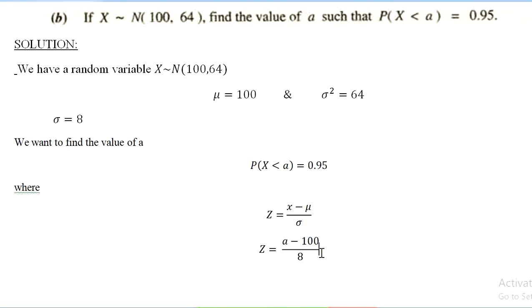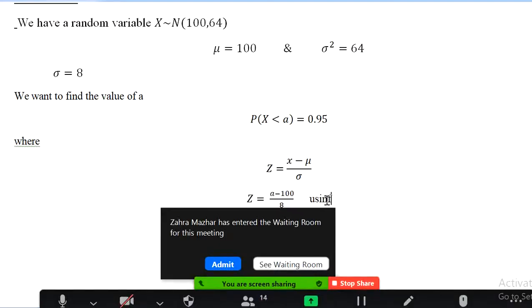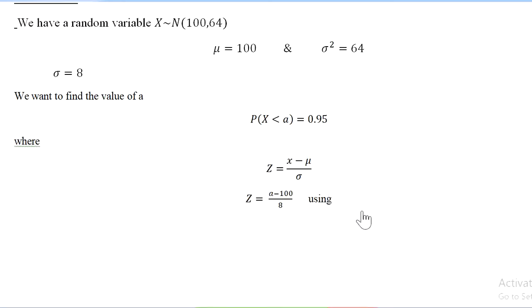ओके, सो यहाँ पे हम लोग z की वैल्यू देखेंगे टेबल नंबर 9 में से. Table number 9 tells you the value of probability, and you can also see table number 10a because you have inverse value. 0.95 है, तो यहाँ से आपने z की वैल्यू निकाली है.